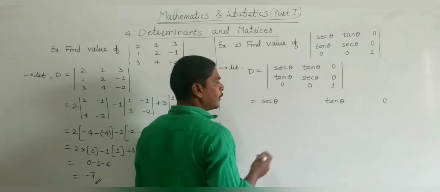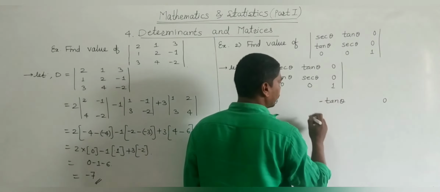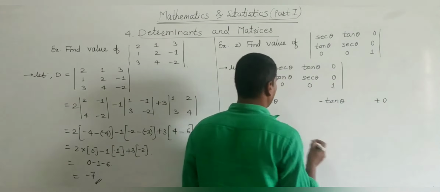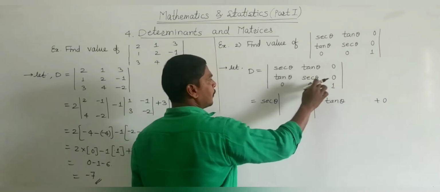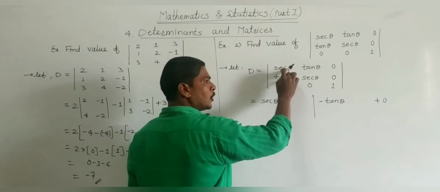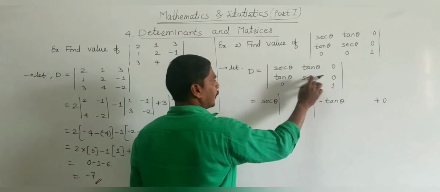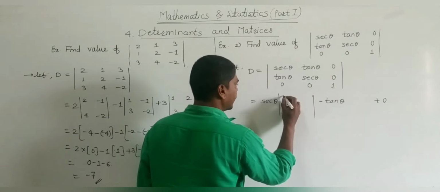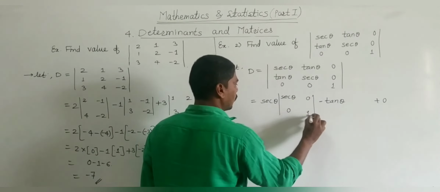Give them alternating plus and minus signs: plus for the first term, minus for the second term, and plus for the last term. Now multiply the first term by the determinant of those elements which do not belong to the row and column of sec theta. That means the lower right corner elements: sec theta, 0, 0, 1.